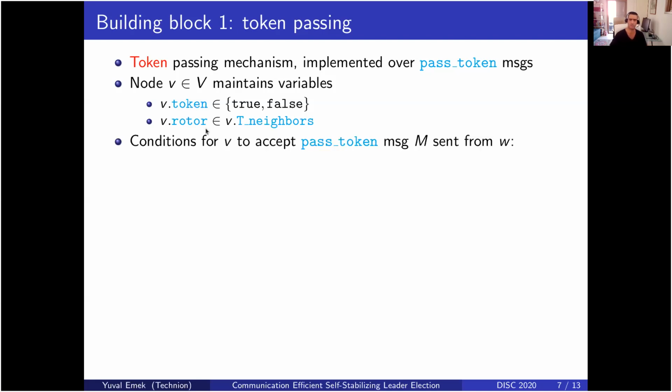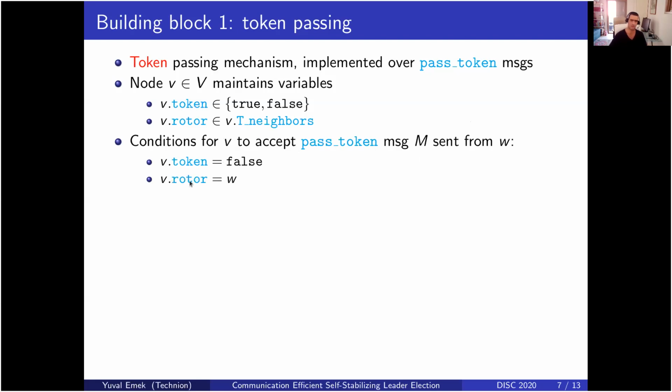Now, if node W sends a pass token message M to node V, V will accept this message only if the following conditions are satisfied. So first of all, we want V to not hold a token currently, so V.token should be false.